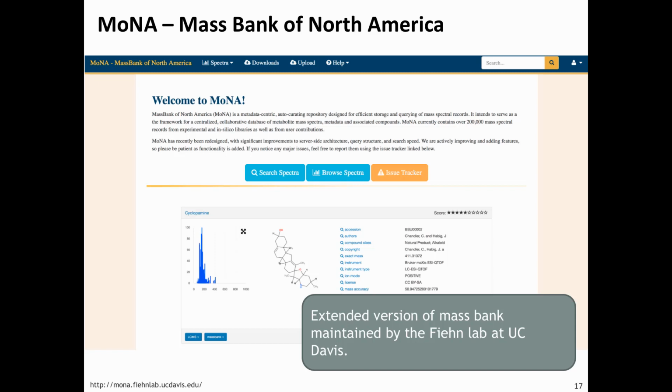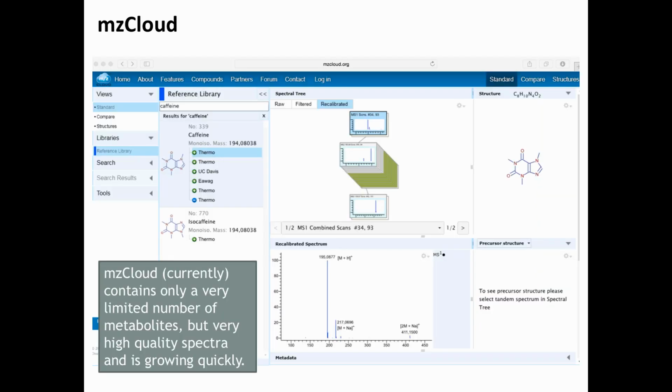And there are, of course, commercial databases. One of them is mzCloud. It's technically open. It's actually run and paid for by Thermo Fisher. It contains only a limited number of metabolites, but basically everything you could buy from Thermo is in there by now.